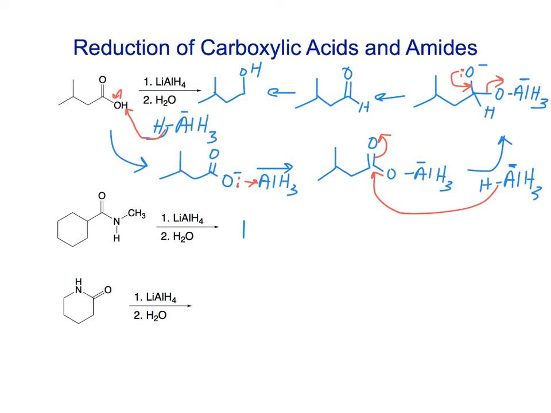What happens is we end up losing a water molecule, which includes the oxygen of the carbonyl, and we get an amine. So this would be called a secondary amide because the nitrogen has two carbons attached. And so we end up with a secondary amide. No, a secondary amine.